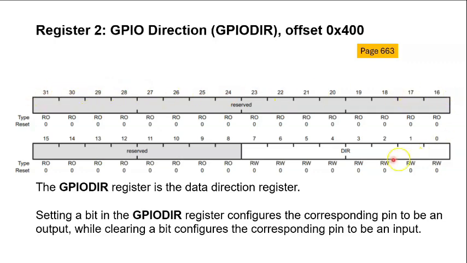It's a 32-bit register, but only 8 bits are used to determine the data direction of the register. Setting a bit in the GPIO DIR register configures the corresponding pin to be an output, while clearing a bit configures the corresponding pin to be an input.